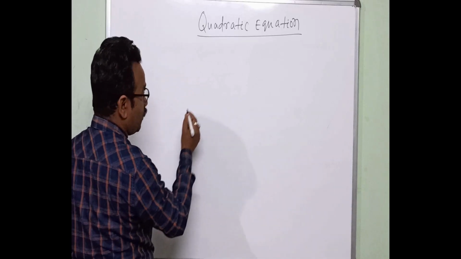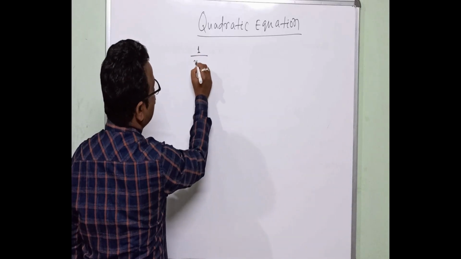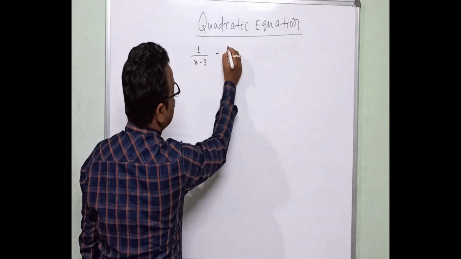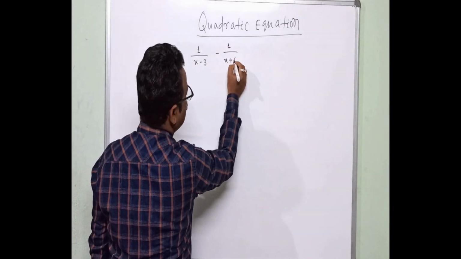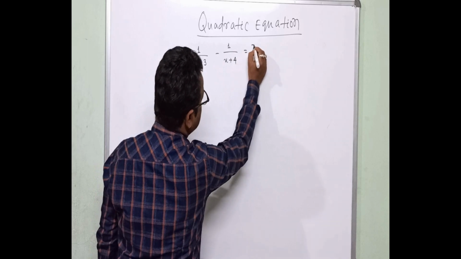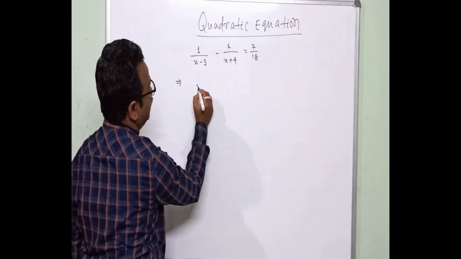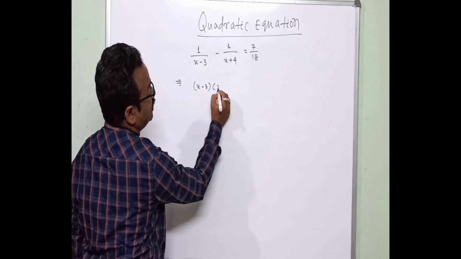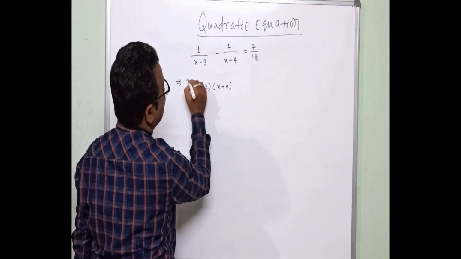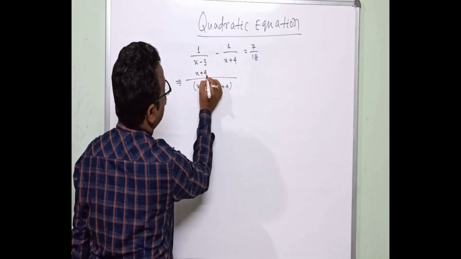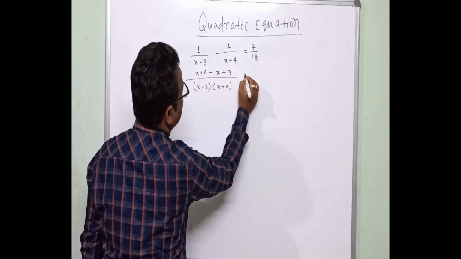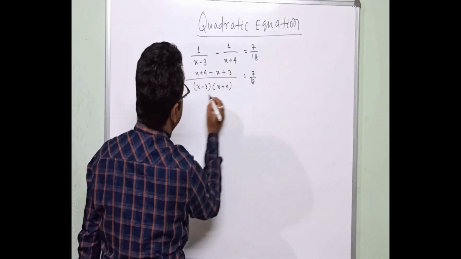So here, 1/(x − 3) − 1/(x + 4) = 7/18. That implies taking the LCM of x − 3 and x + 4, here we will get (x + 4 − x + 3) = 7/18.